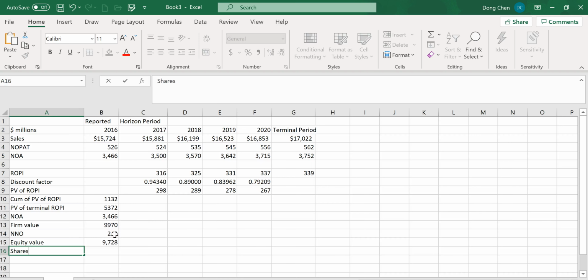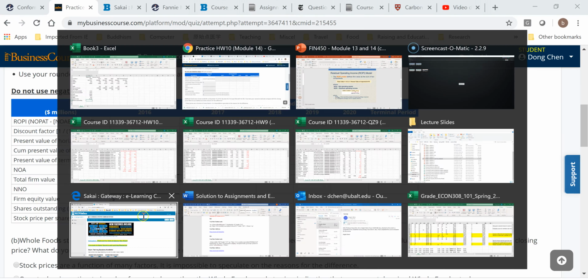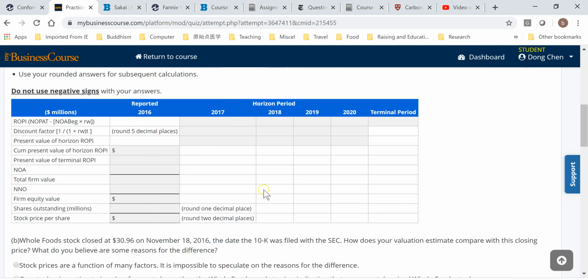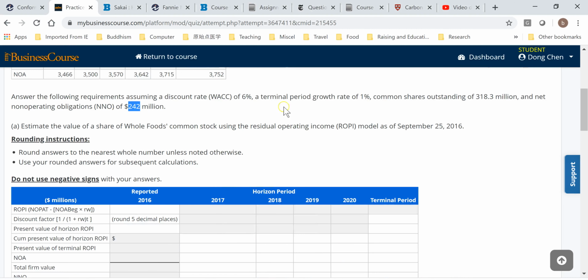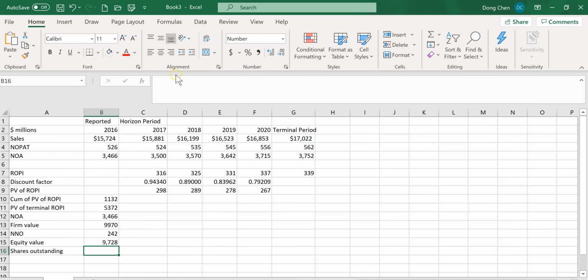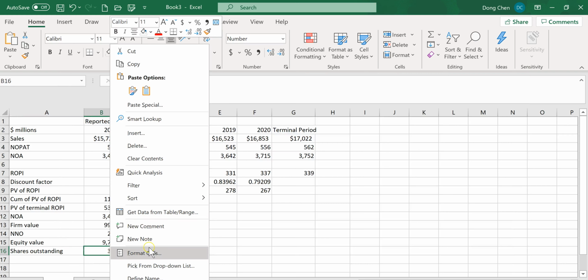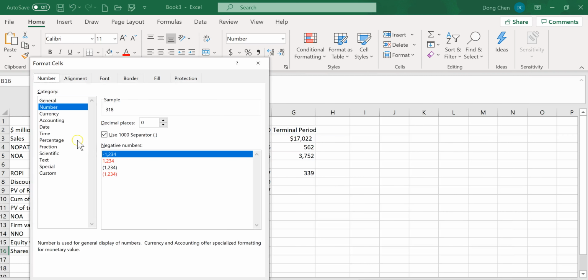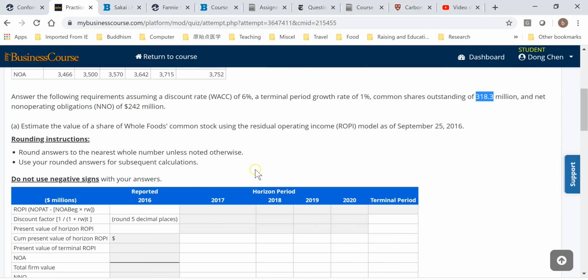So then shares outstanding, I need to keep 2 decimal places, remember? So this is also directly provided. This is 318.3. And for this, I need to format the cell by keeping 1 decimal place by following the rounding requirement.